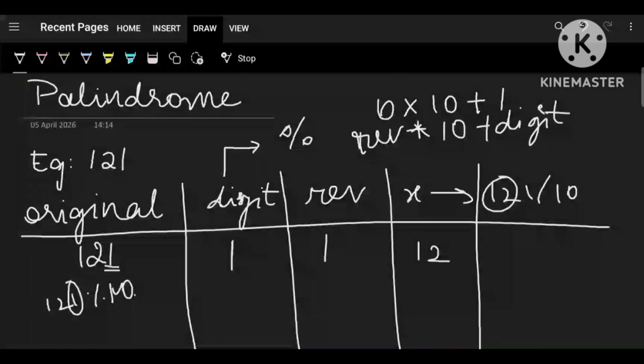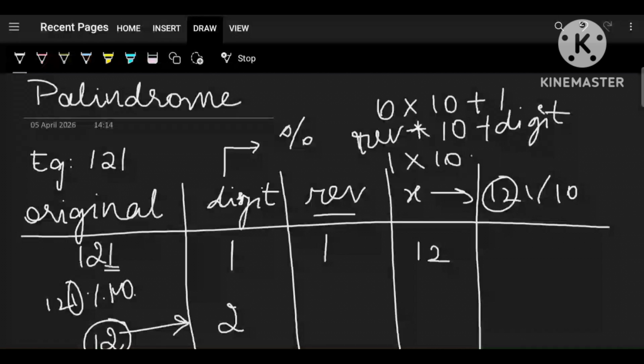In the next iteration 12 will be taken, and the last digit will become 2. Reverse firstly is 1 in this iteration, so 1 into 10 plus 2, so that is 12, and x is 12 divided by 10, that is 1.